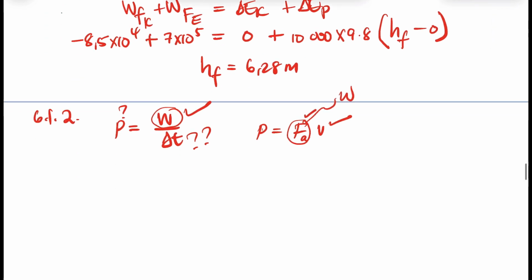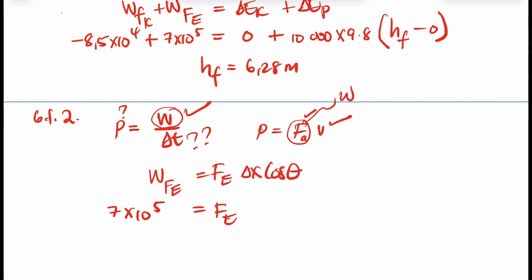Okay, let's do it. So we'll say the work done by the force of an engine is equal to force of an engine, change in x, cos theta. So we do have the work done by the force of an engine, which is 7 times 10 to the power 5, and we're looking for the force of an engine so that we can substitute it here.